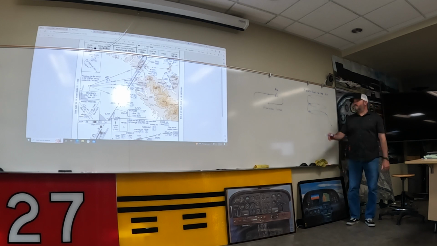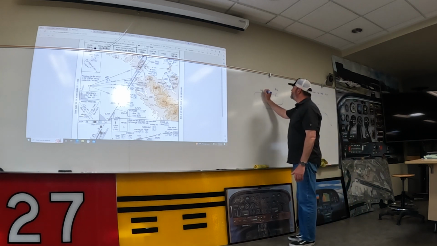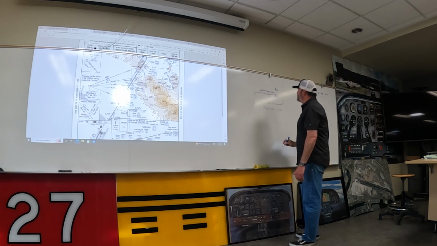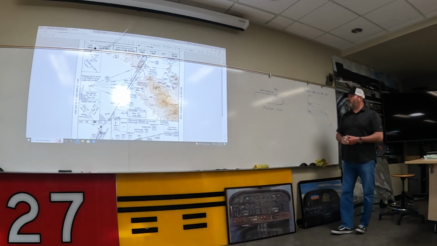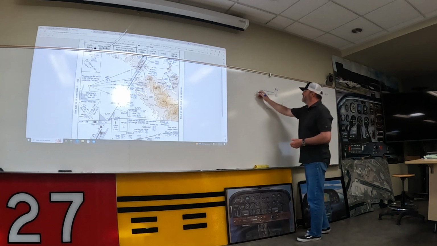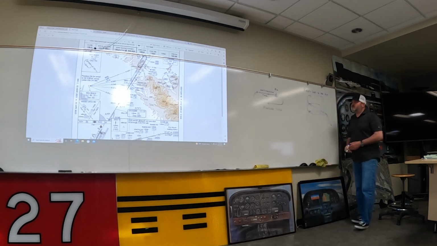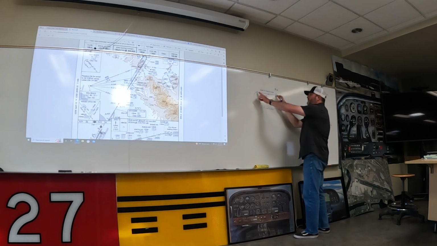Good? There's the holding side, there's the non-holding side. A normalized hold has the timing on the non-holding side 1 minute. And I'll explain that in a minute. So you want to make this time here 1 minute.